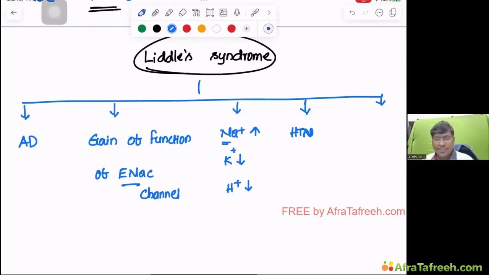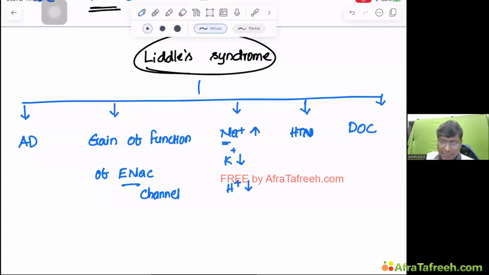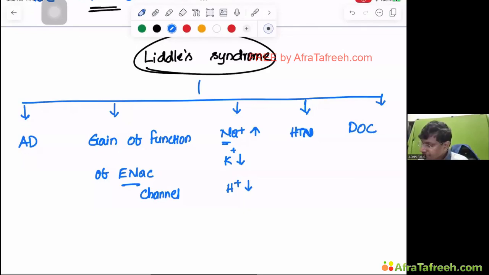Aldosterone. And where are they present? Mainly in the distal convoluted tubule. Now, what is the drug of choice in these patients? Very good. You need to give the ENaC blocker.